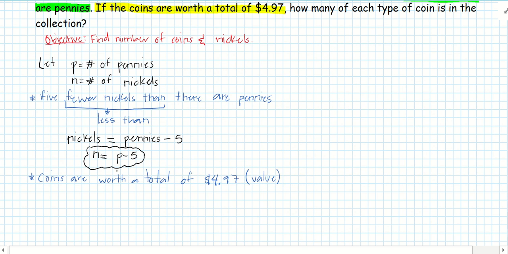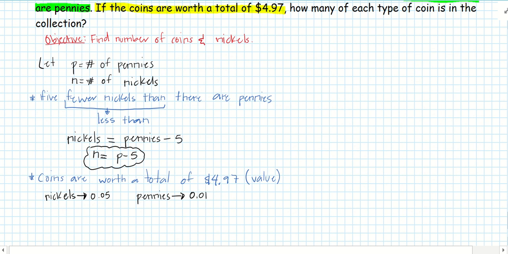So if we're talking about the price value, then we know that nickels are 0.05, so they're 5 cents. And we know that pennies are 0.01. That means 1 cent, right?